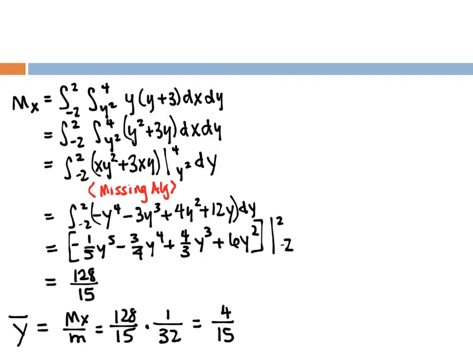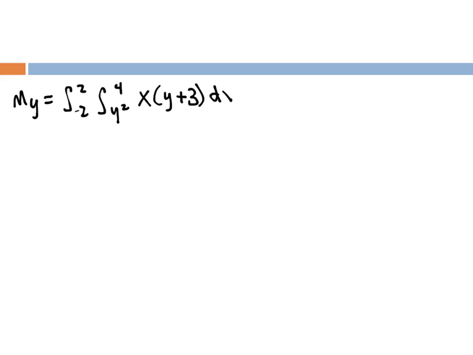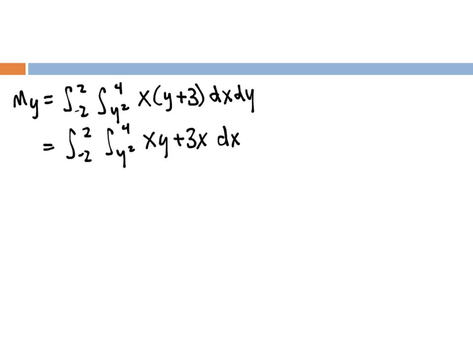All right, one other thing we need to find. So I found y bar, I need to find x bar for the center of mass, which means finding m sub y. So m sub y is the integral from negative 2 to 2, same limits of integration from y squared to 4. But this time I need x times y plus 3, dx dy. So this is xy plus 3x that we're taking the integration of.